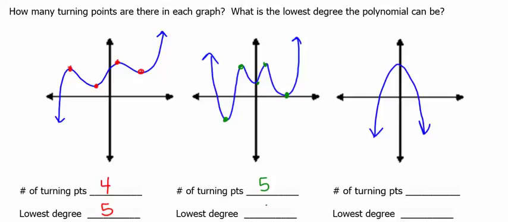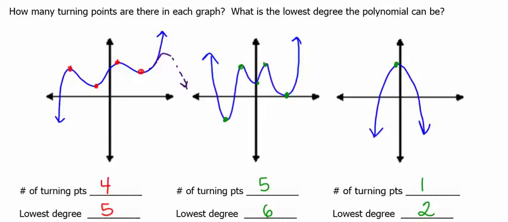Its lowest degree would be a 6. And the number of turning points in the next graph is just 1, so its lowest degree would be a degree 2.